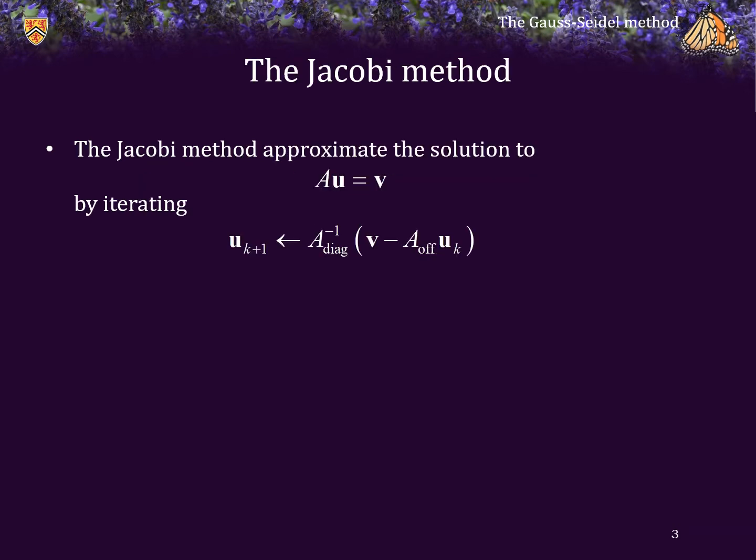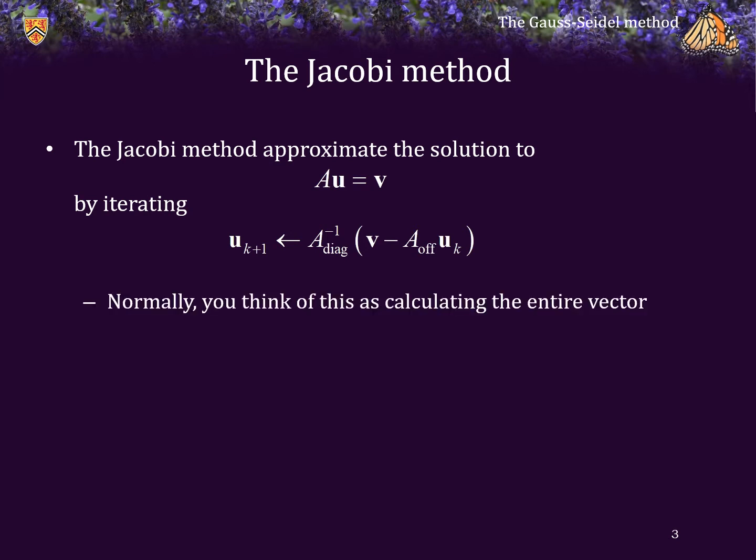You will recall that the Jacobi method approximates a solution to A times U is equal to a target vector V by iterating the following algorithm. The next approximation is the inverse of the diagonal entries of the matrix A times the target vector minus the off-diagonal entries of A times the previous approximation of U. Normally, you think of matrix operations like this as calculating on the entire vector in its entirety.